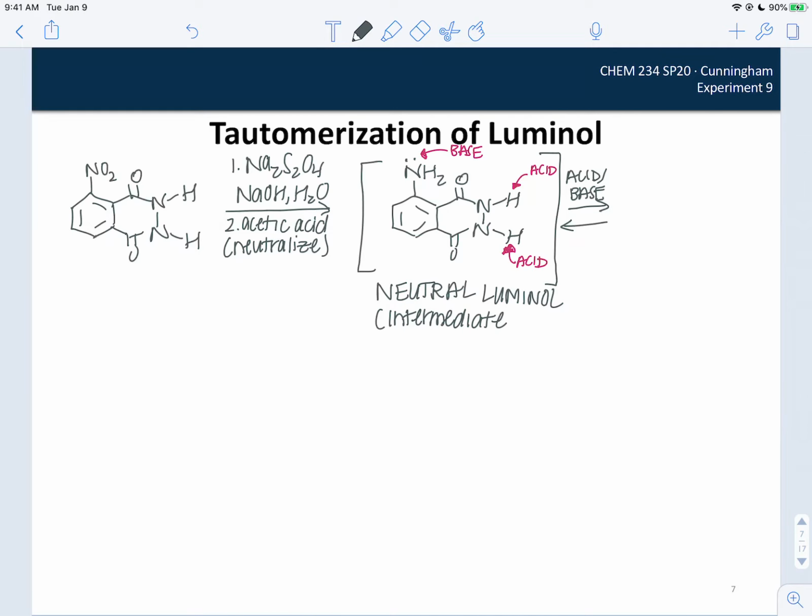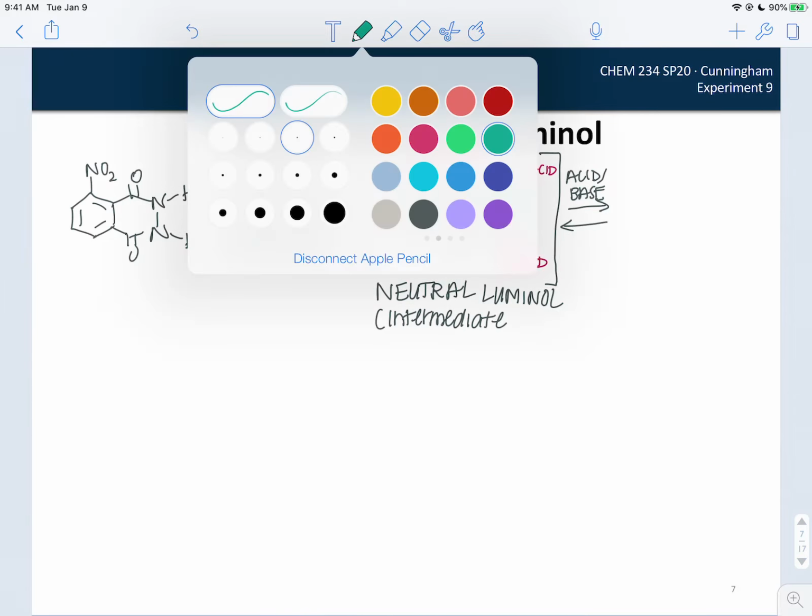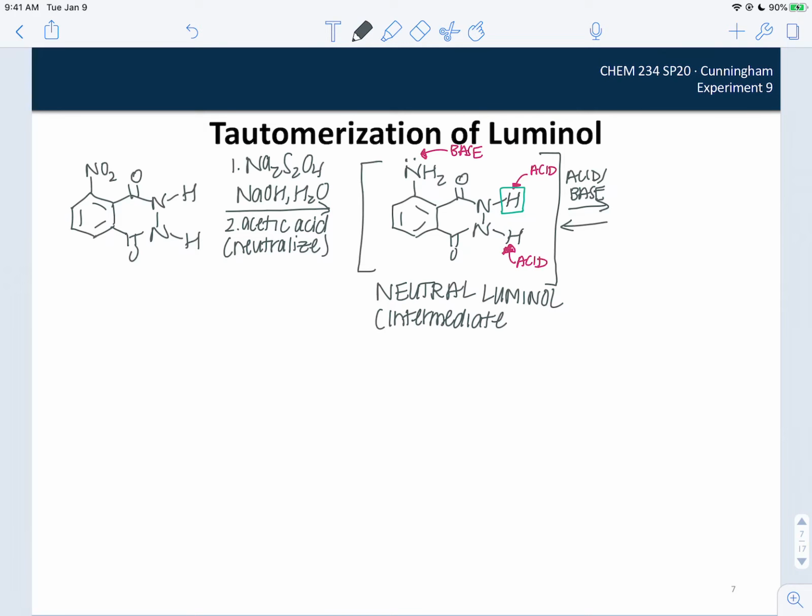We can think of our solvent taking an acidic proton, one of our NH protons, and transferring it over to our basic aniline nitrogen. And so when that happens, we end up having what looks kind of like an ammonium species there.